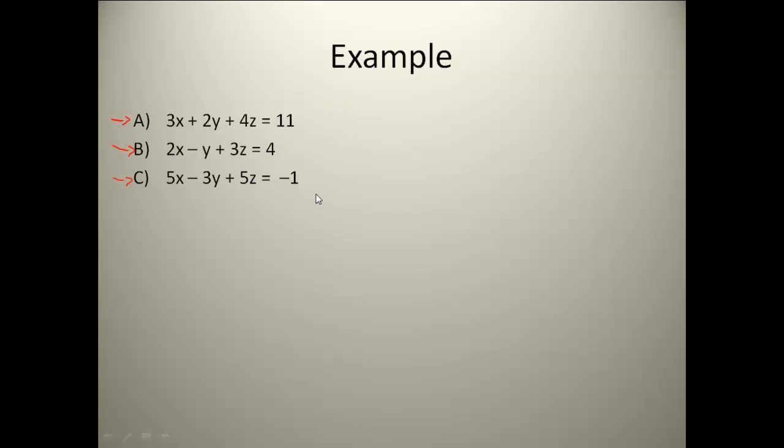Well, what we need to do is set up 2 little mini systems of 2 equations. So I'm just going to take A and B and put them together in their own little mini system here, and then I'm going to use the combination method to get rid of a variable, to eliminate one of the variables.